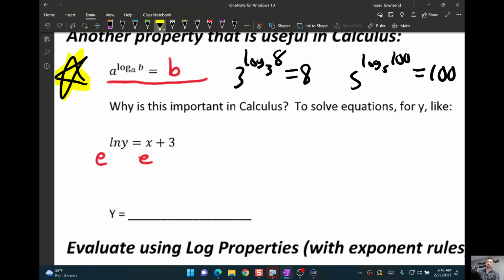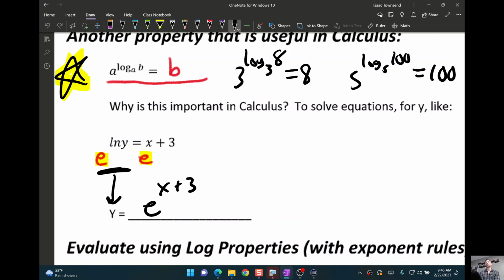And that's balanced because I'm doing the same thing to both sides of the equation. And the reason why we do that is this guy, e to the log base e of y, just becomes y. It's using this property right here. And then the other side would be what y was equal to.